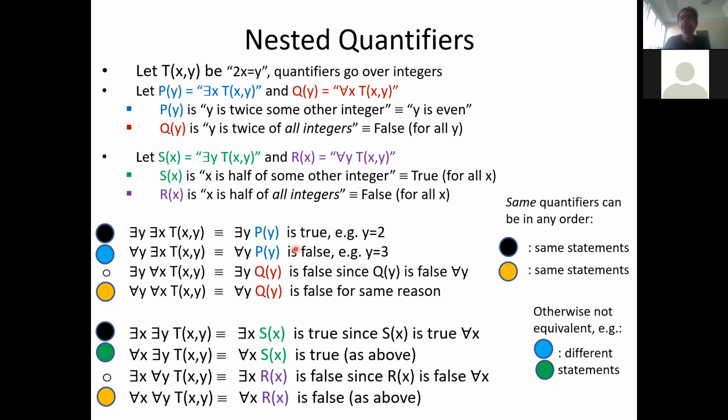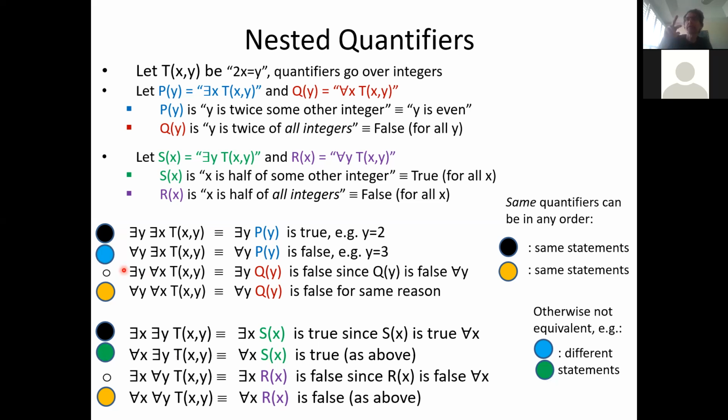So perhaps your hypothesis is, well, maybe I can always do that. This statement and the green statement are examples that you cannot. This statement has the same quantifiers as the green statement, just in a different order. And this one is false, but the green one is true.